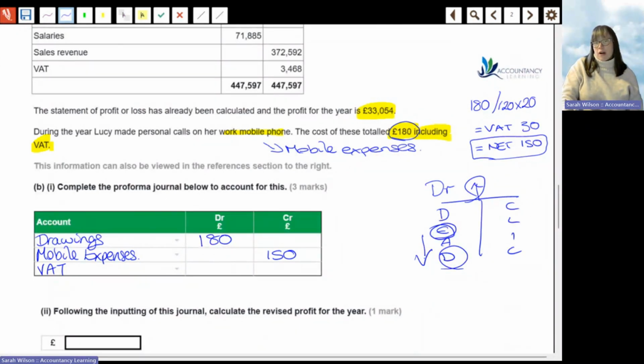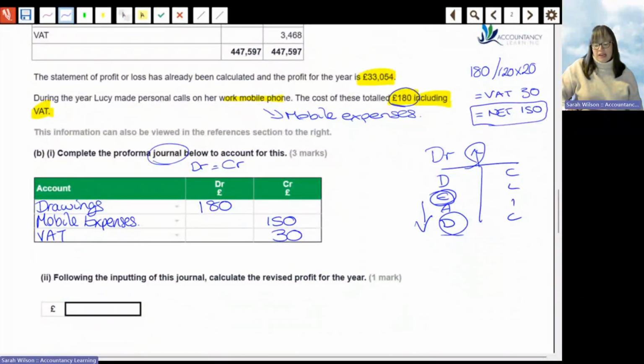So it's now going to become a liability to pay that back over to HMRC because it ended up being a personal expense. And then you can see that both the debits and the credits in the journal match. So if you're asked to produce a journal, you must make sure that your debits equals credits.